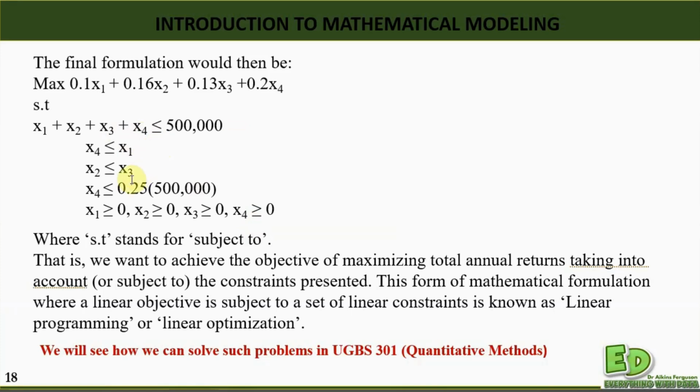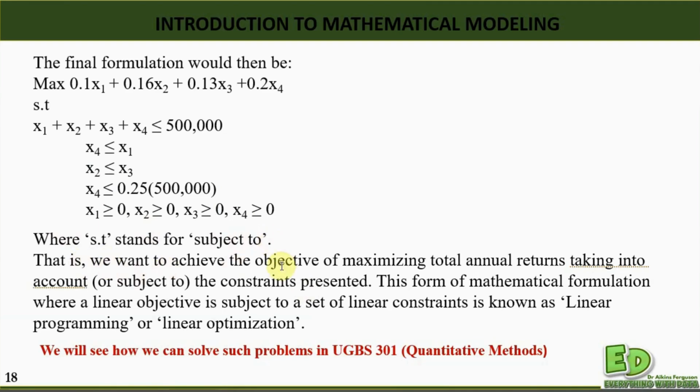B, the amount invested in home loans cannot also exceed. So that's what we've represented here in 1, 2, 3 rows over here. And the last one is the non-negativity. So x1, x2, x3, x4 is greater than or equal to 0. You can write it that way, or this is also fine. Where ST stands for subject to linear constraint.